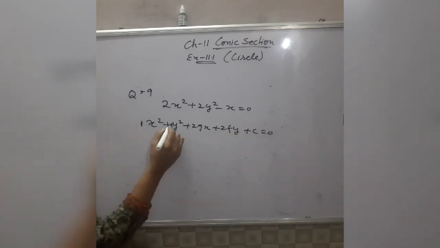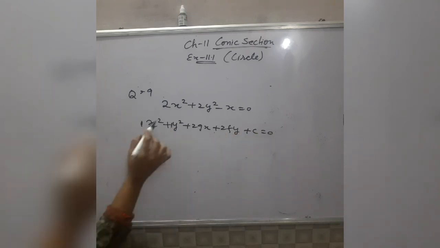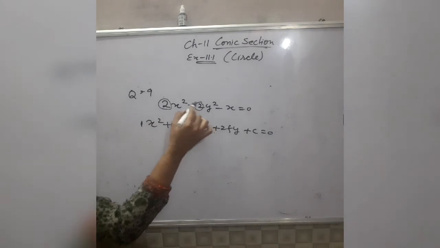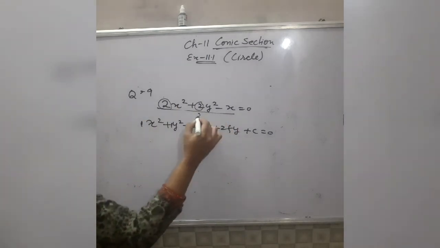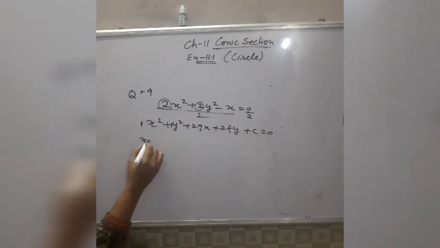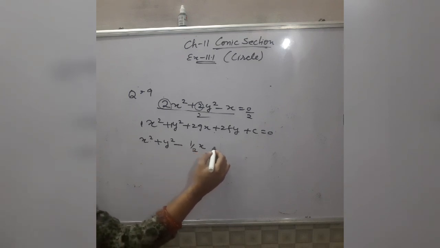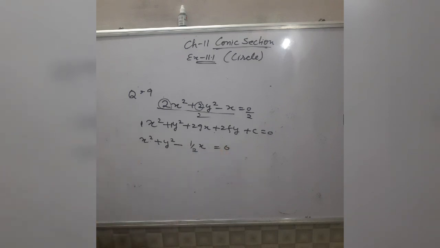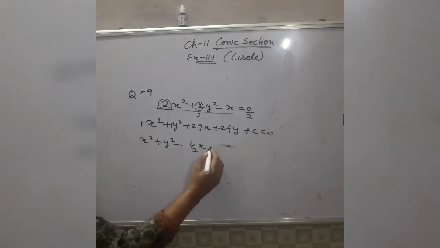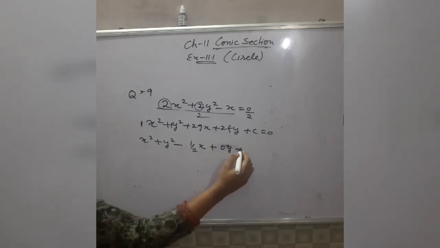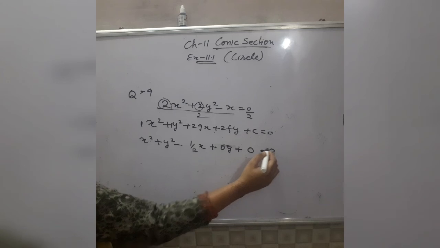Here the coefficient of x square and y square is 1, but in this equation the coefficient is 2. So that's why, dividing both sides by 2, you will get x square plus y square minus half x is equal to 0. In this equation, the term containing the y variable is 0. The constant term is also 0.